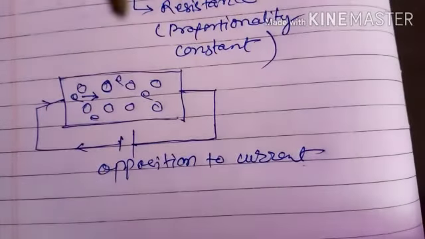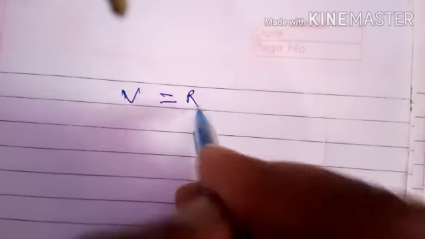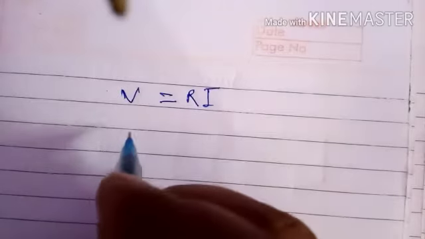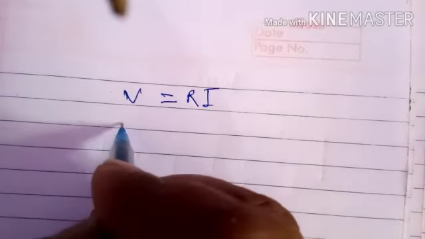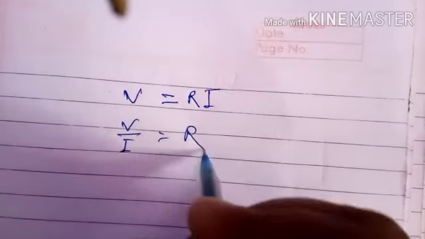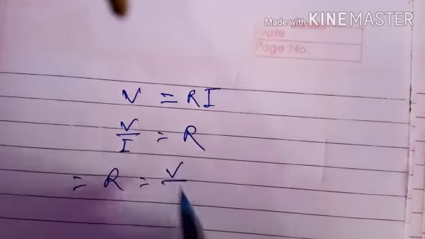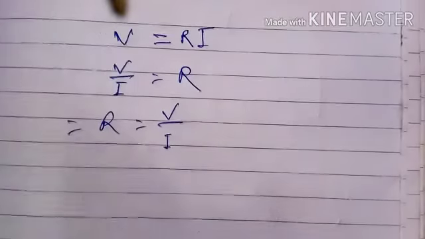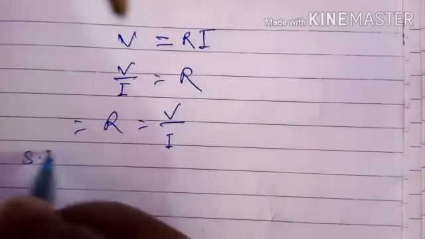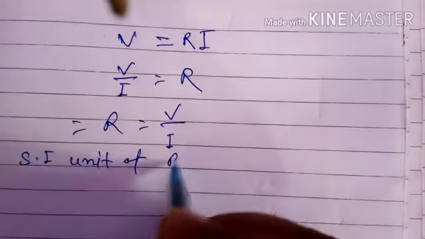And now students, this resistance is a proportionality constant, and the equation is V is equal to R into I, or V by I is equal to R, or R is equal to V by I. So here this is resistance, students, and the SI unit of resistance is the ohm.